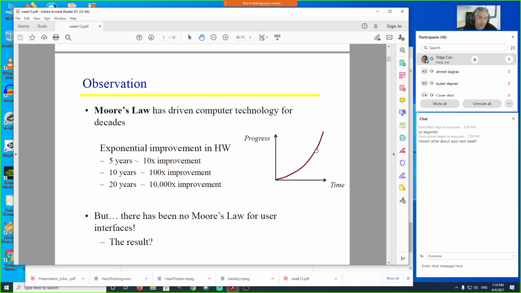In the last years, especially, I think there was also a big boost when GPUs came about, graphics processing units, which then also boosted the deep learning area with general purpose GPU programming. So there were some developments in hardware. But if you look at user interfaces, when you have a desktop or a mobile phone with a touch screen, it didn't develop that fast.